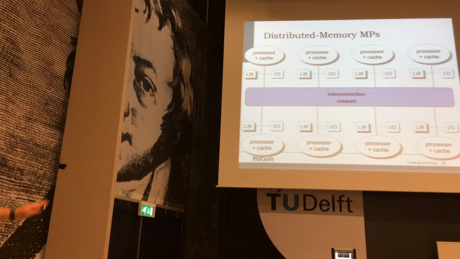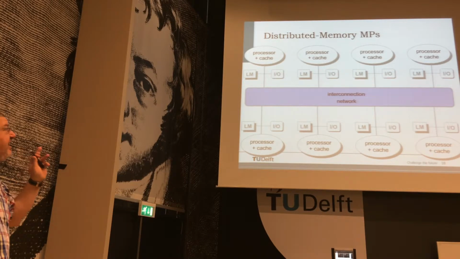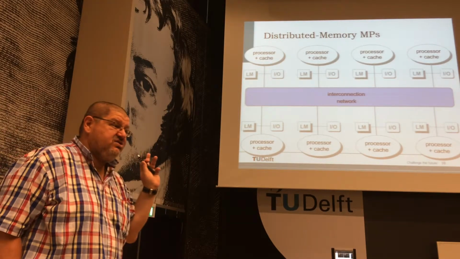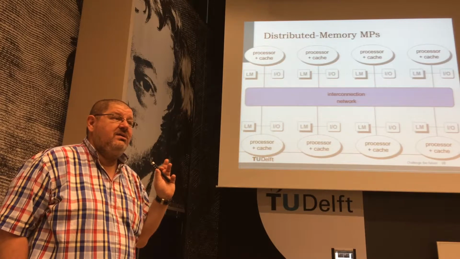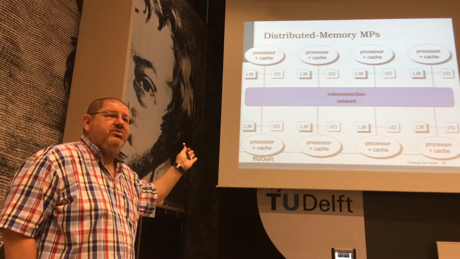And this is a distributed memory multiprocessor. You see, I have a local memory. All of them have a local memory. And there is no real common memory, because everything is common. I may have a player in this structure which is a memory module, which is not in this example.